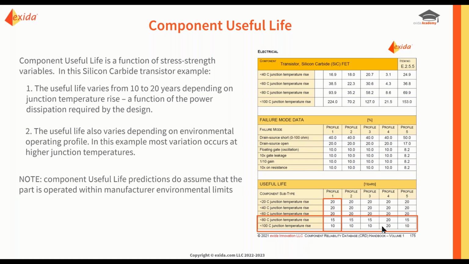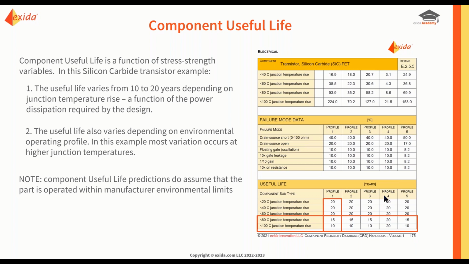Now, what I mean by an operating profile is the environmental parameters. And let's take a look at profile number 4. What is profile number 4? It's sub C. That's where your equipment is underwater.